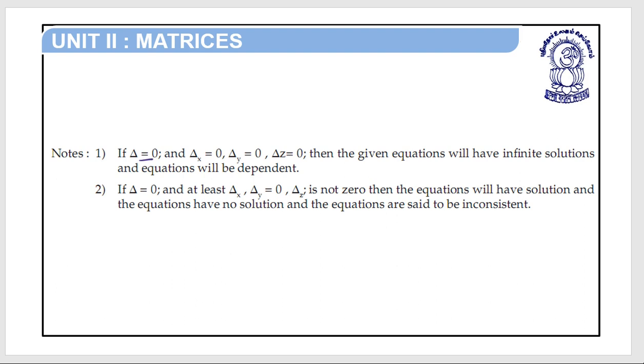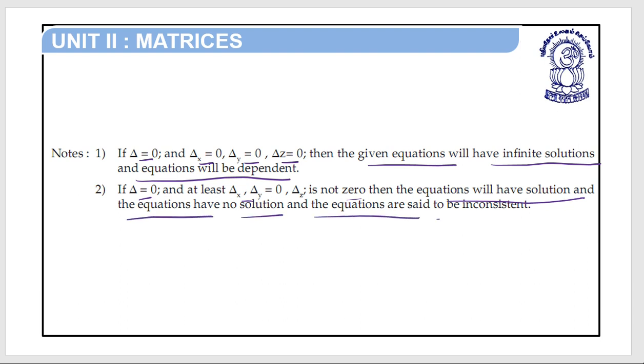If delta is equal to 0 and delta x, delta y, delta z are all equal to 0, then the given equations will have infinite solutions and equations will be dependent. If delta is equal to 0 and at least one of delta x, delta y, delta z is not 0, then the equations have no solution and the equations are said to be inconsistent.